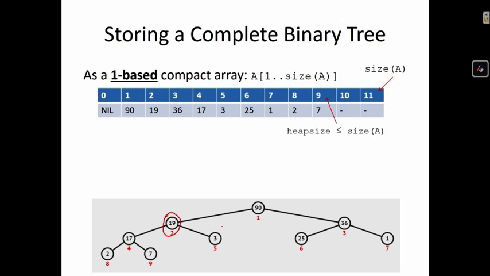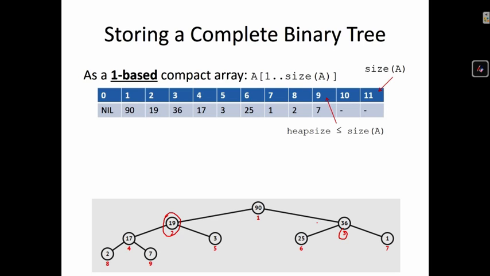Divide by 2, correct? Looks to be the case. 2 divided by 2 gives me 1, which is my parent. Then 3 divided by 2 gives me 1 point something. So I need to take the floor. Just the current index divided by 2, floor, or do integer division.